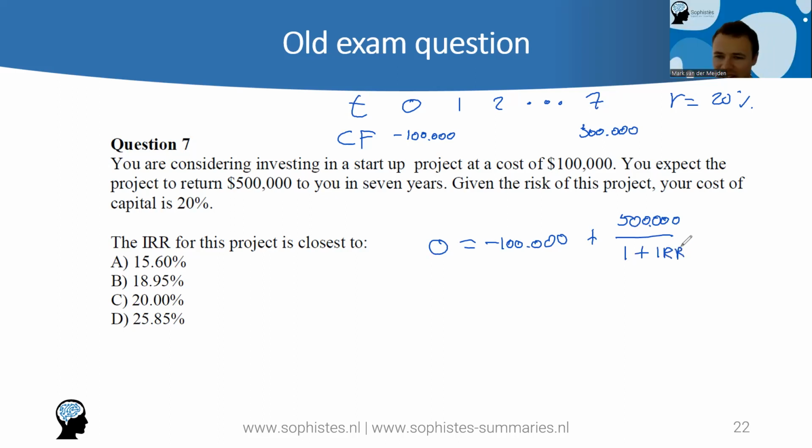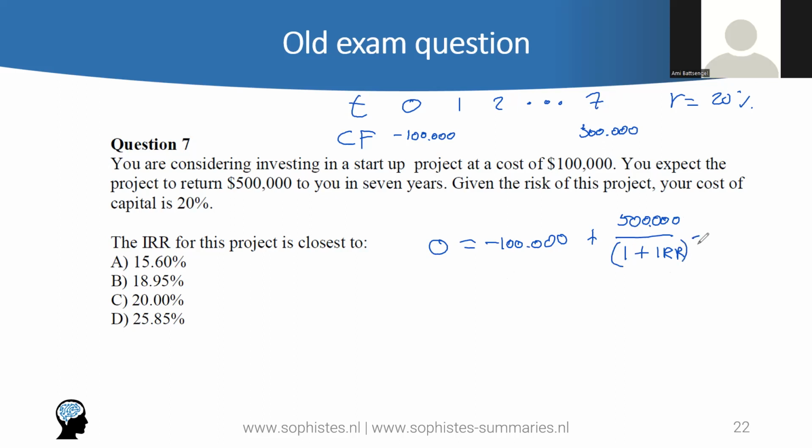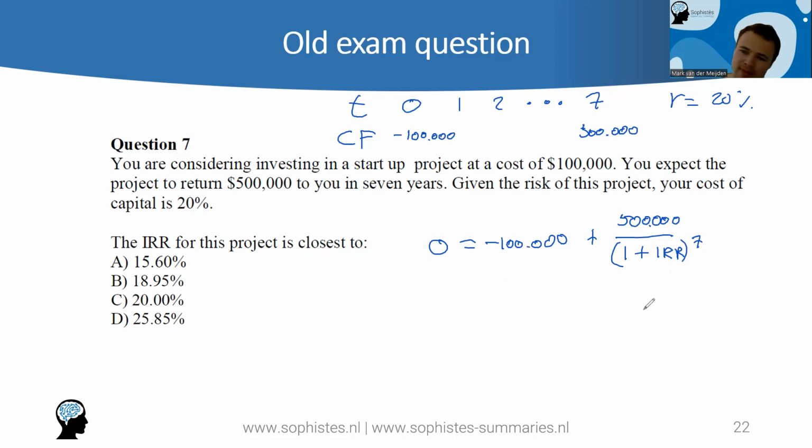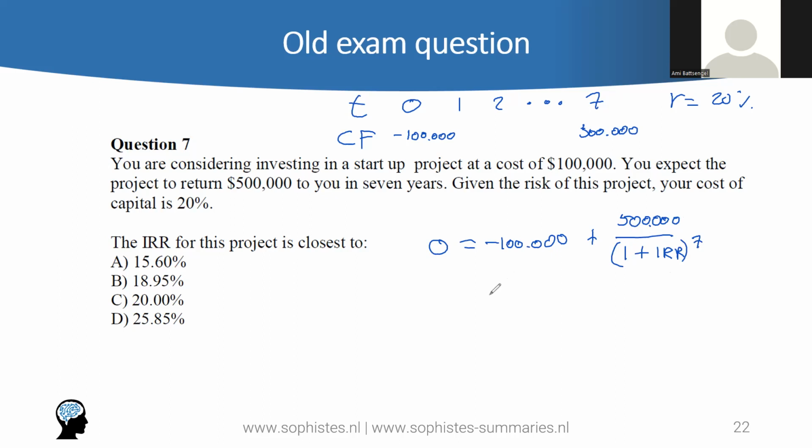1 plus IRR, right? Oh, yeah. Because if I would ask you for the net present value, you were right. But I now want to find the IRR. Okay, now with the power of what did you say? With the power of 7. Very good. Okay, how would I do it? 500,000 divided by 100,000 is 5.